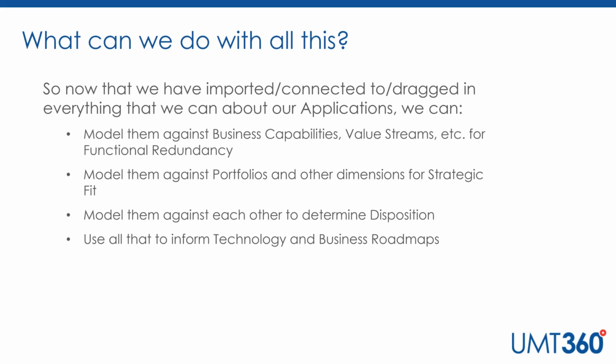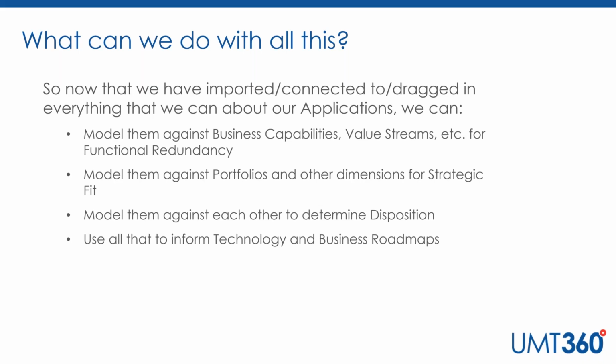All of that would then form input into technology and business roadmaps. And that's where, certainly from UMT360's point of view, we have this sort of strong continuous feedback loop between architecture and strategy execution, where we can push these findings and these groupings of applications and this work that needs to be done, this definition of gaps, through into the strategy execution side of our world and say, now we can create projects to actually do this.